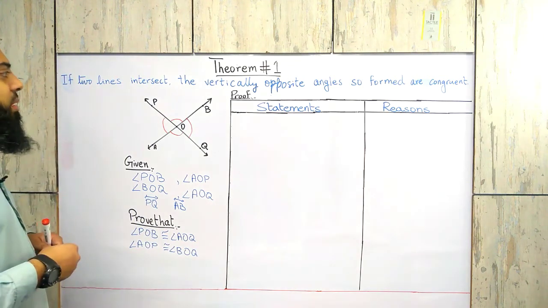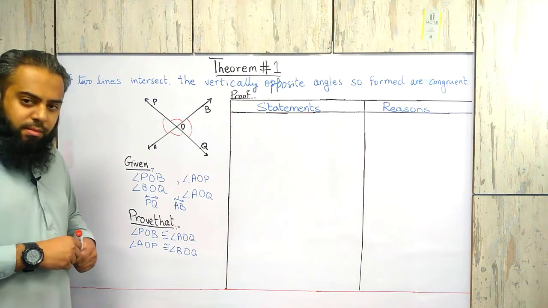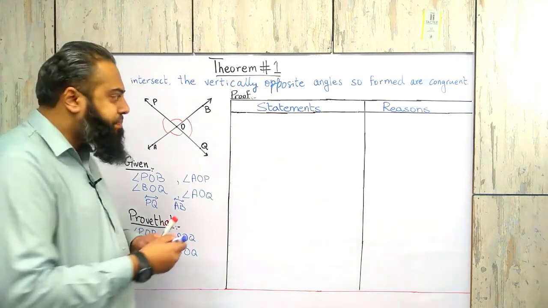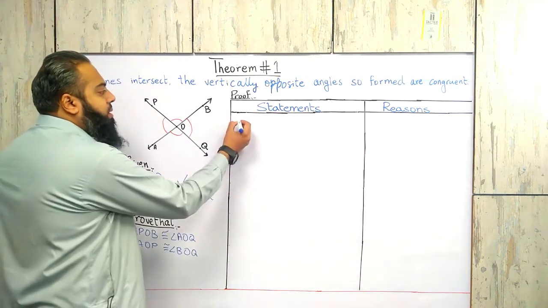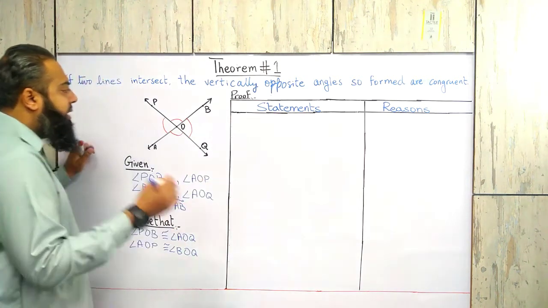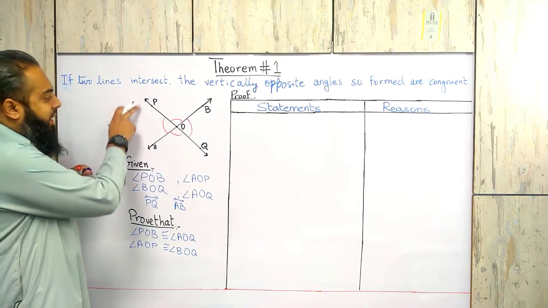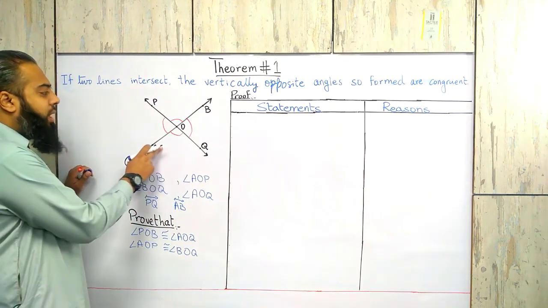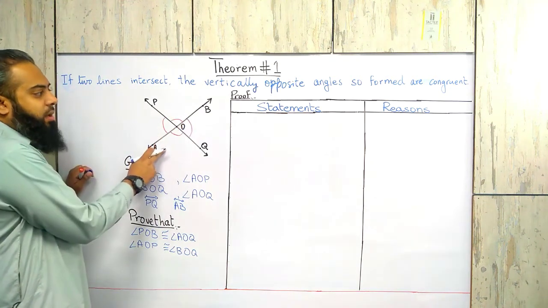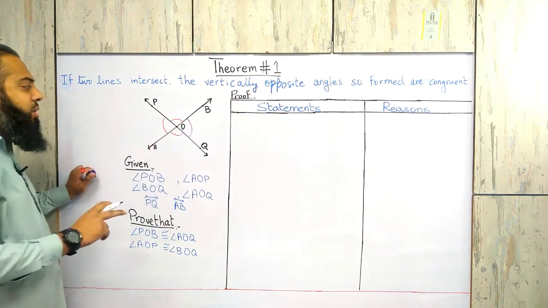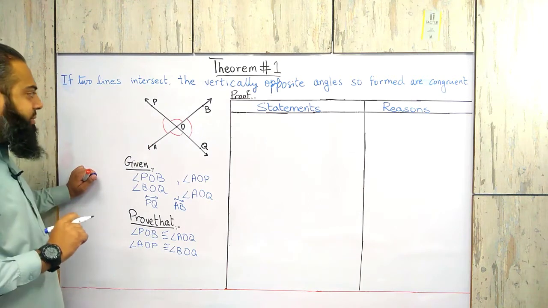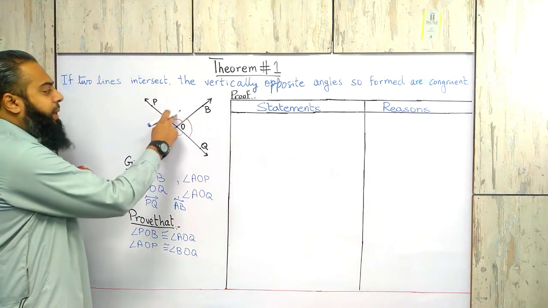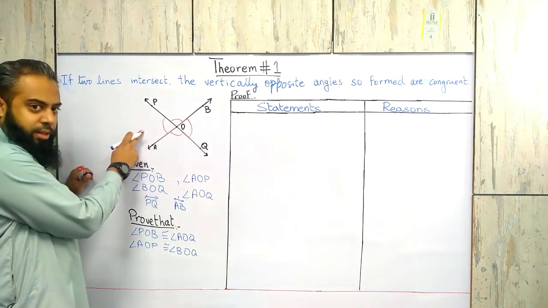Now for the proof, first of all, we can clearly see that if we consider a straight line, line PQ or line AB, we can get two supplementary angles, angle POA and angle POB will be supplement to each other.